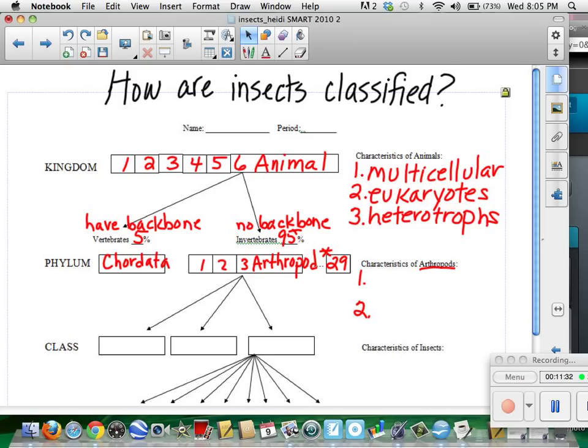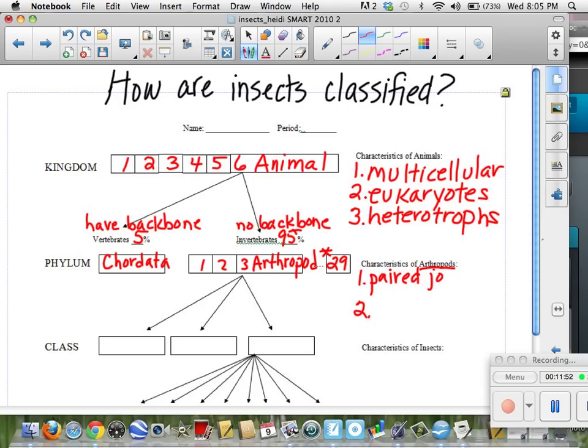Okay, and if you look with your partner and see if they got the same two characteristics of arthropods from that video that you did, they flash that sort of in blue boxes. So what you should have written on your sheet now is that all arthropods have paired jointed appendages.